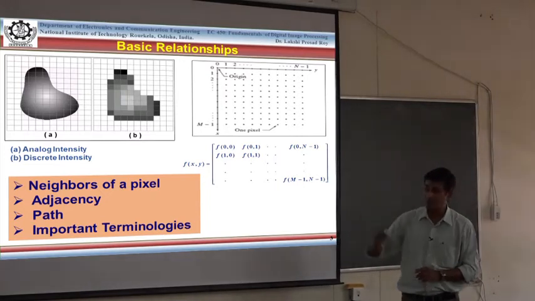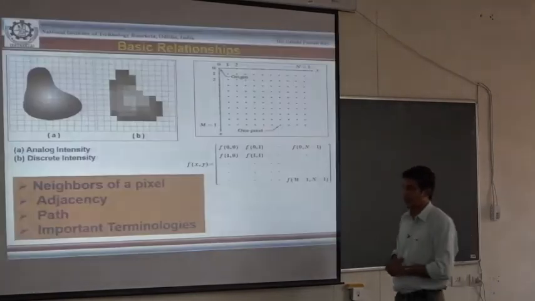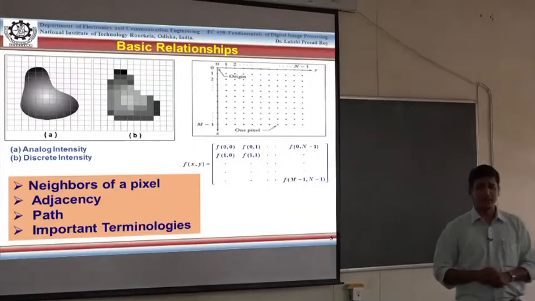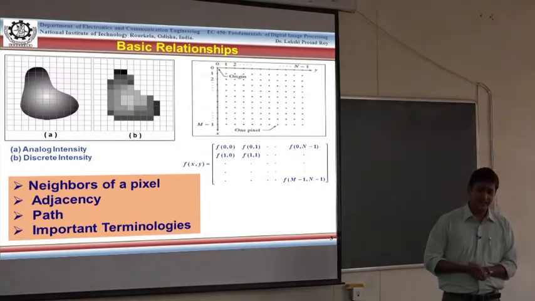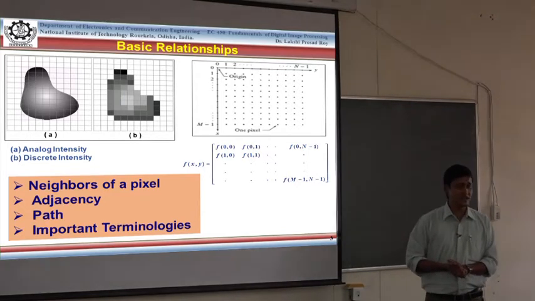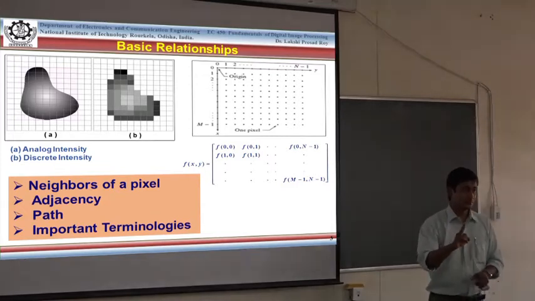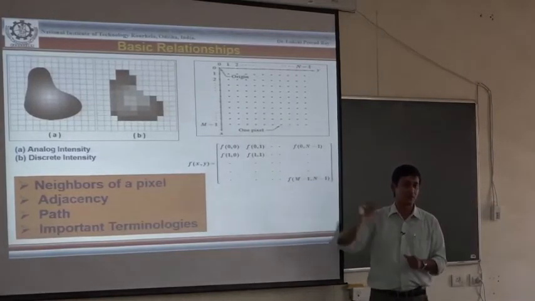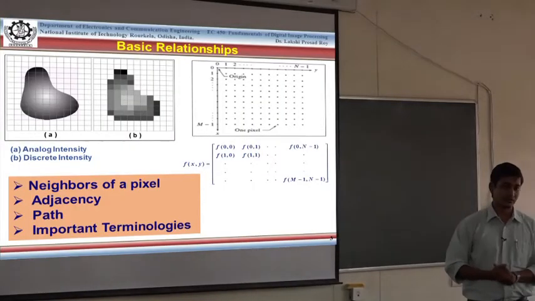So the term path will come into the picture; we will see that also immediately after this. Then a few important terminologies will automatically come after this, like boundary, region, edge, things which are very popular in image processing. Those also will be defined with respect to these f(x,y) values, meaning the absolute value of f(x,y), the representative of intensity values.